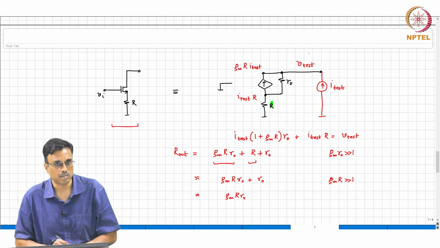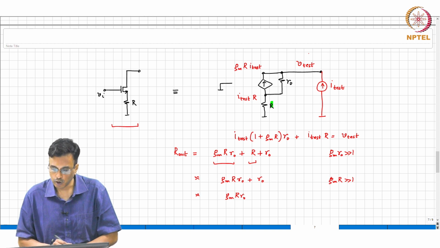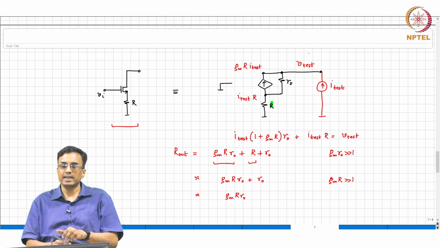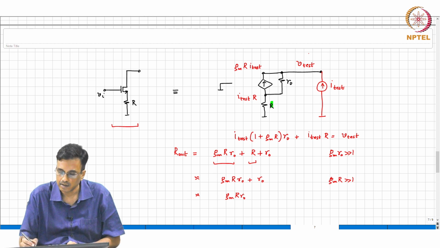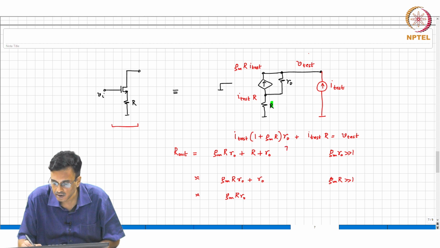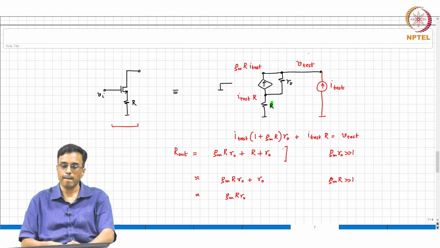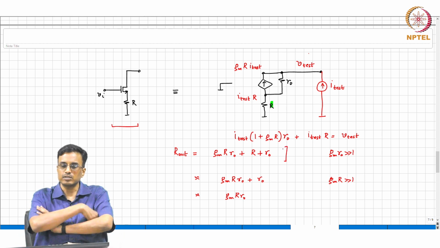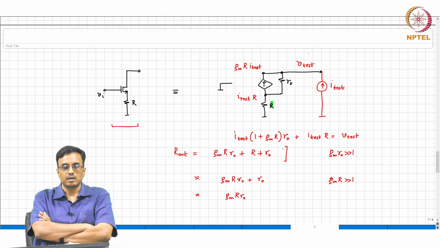Is that clear? So, what comment can you make about the output resistance therefore? First of all, a sanity check. This is the exact expression. What all sanity checks can we run? Gm tends to infinity, the output resistance tends to infinity, okay.